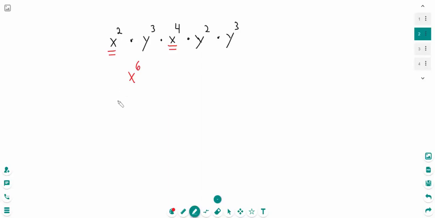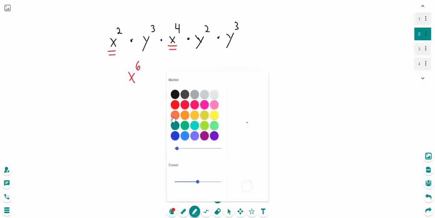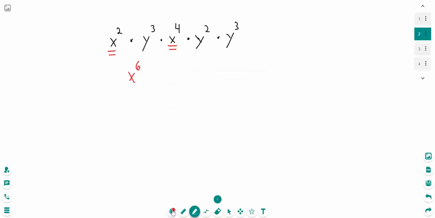We add the exponents. Watch out, we don't multiply them. A lot of people make that mistake. We think, oh, we're multiplying here, so we must have to multiply the exponents. No, you add the exponents if you're multiplying. All right, so x squared times x to the fourth is x to the 6th. All right, then we can look at the rest of our variables here, and we can recognize that we've got a bunch of y's.